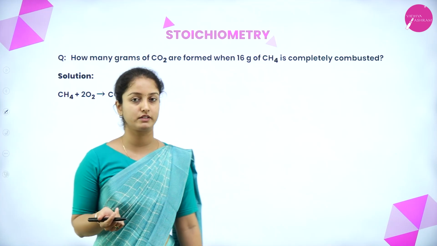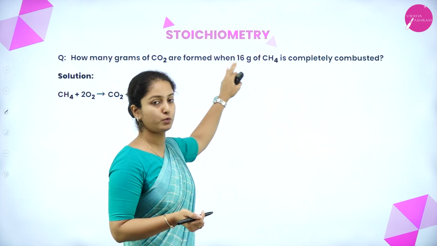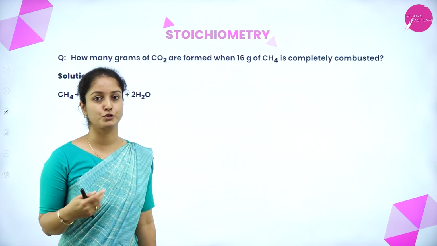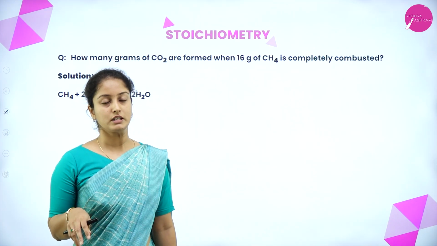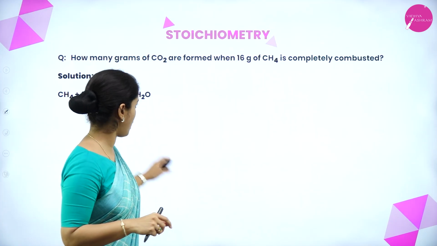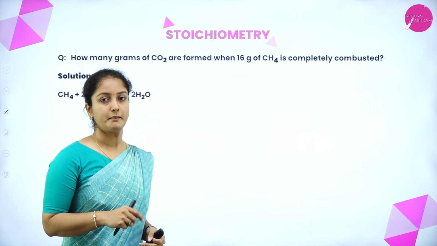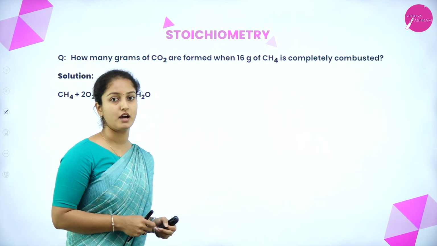Next, we will try to solve this question. How many grams of carbon dioxide are formed when 16 grams of methane is completely combusted? So, 16 grams of methane is going to undergo complete combustion in the presence of oxygen to give carbon dioxide along with water. But here you have to find how many grams of carbon dioxide are formed.